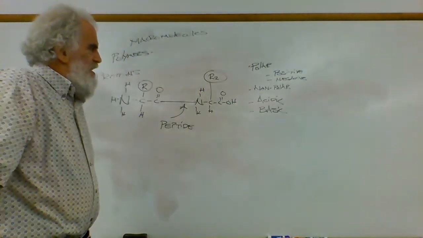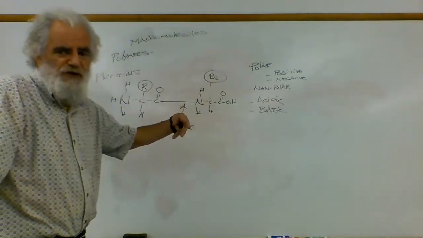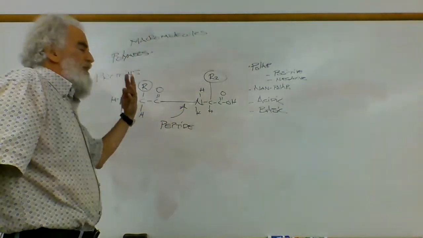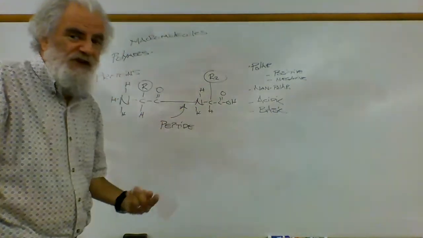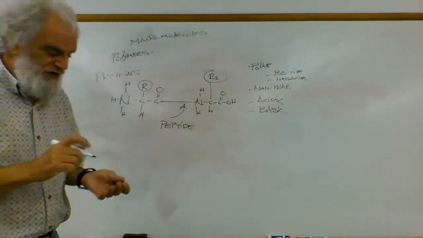So we've got amino acids that are polar, some that are positive, some that are negative. We have amino acids that are just flat non-polar. We have amino acids that are acidic, amino acids that are basic. And when we begin to combine these, some really cool things start to come about.